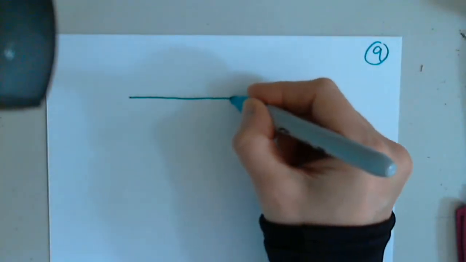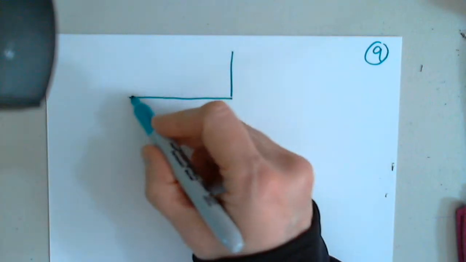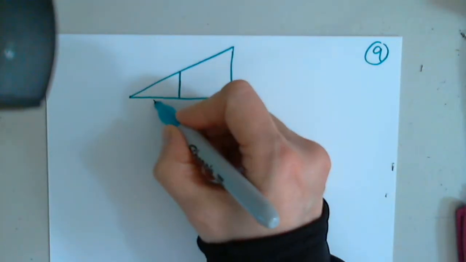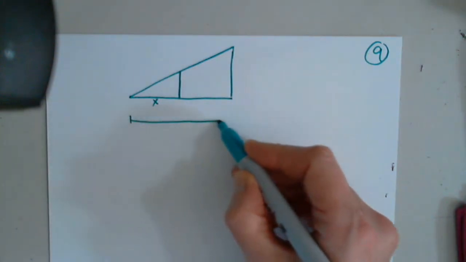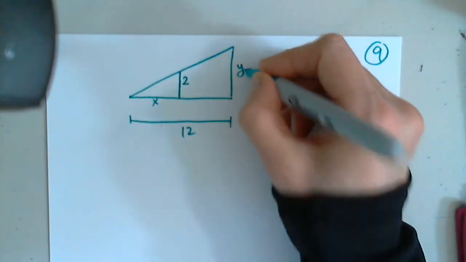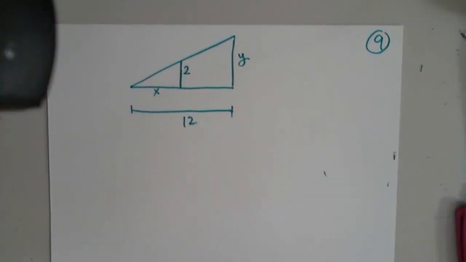Okay, page 9. So I'm going to copy that drawing, but exactly what we need to copy. Does this trigger any memory?